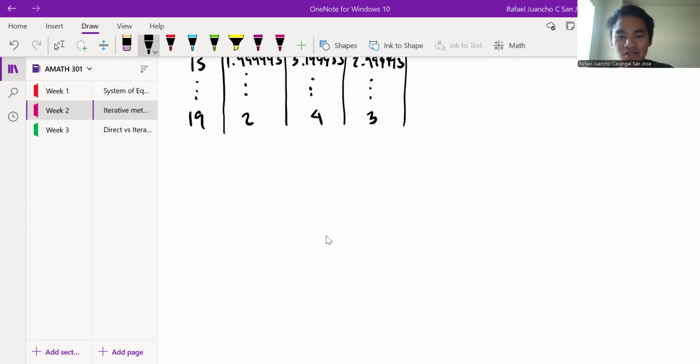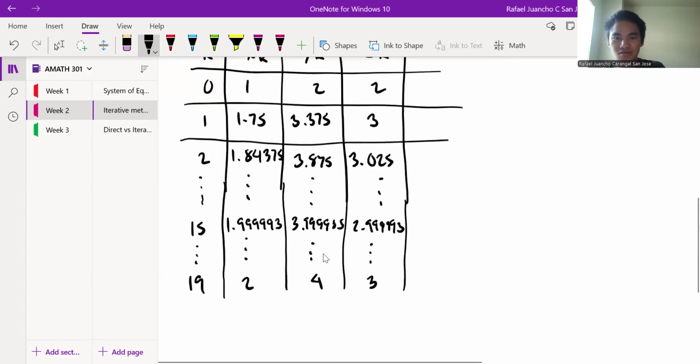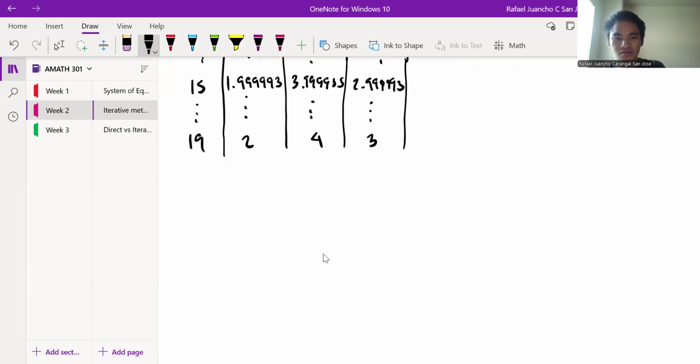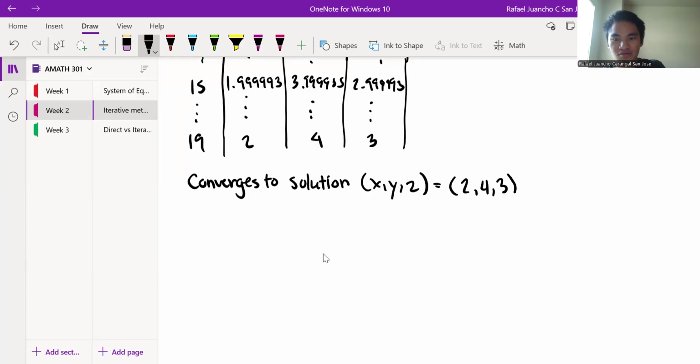So here we can see that it actually converges to a solution x, y, z, which is equal to 2, 4, 3, from my initial guess.